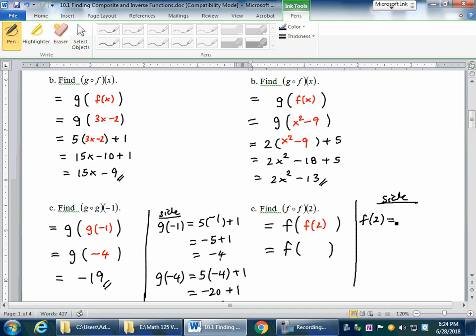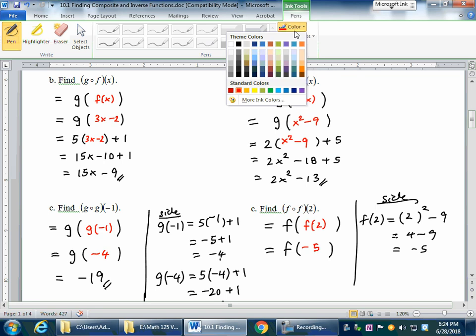My f function formula is input squared minus 9. So it'll be 2 squared minus 9, which is 4 minus 9, which is negative 5. So finally, I know that f of 2 is equal to negative 5, so I replace f of 2 with negative 5 in the original problem.